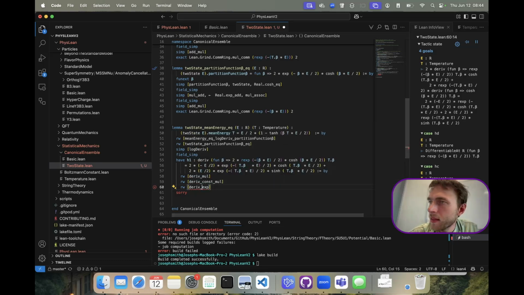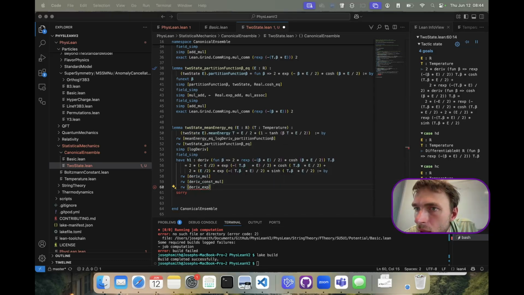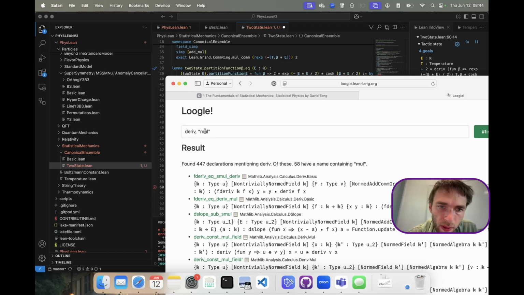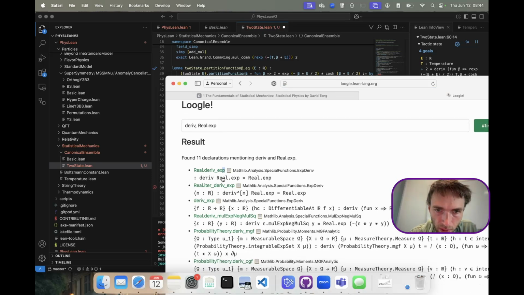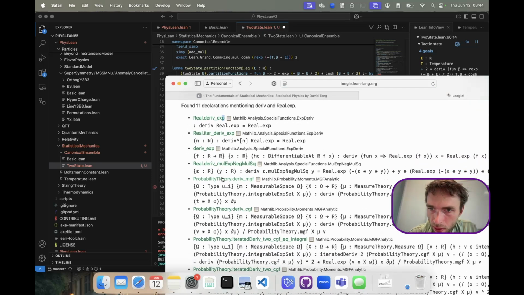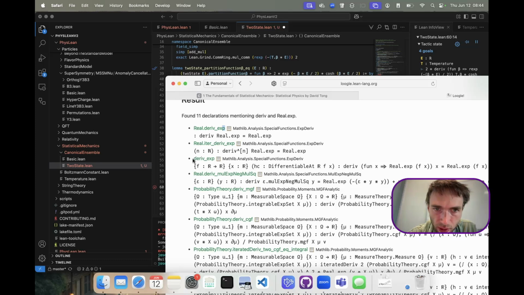That doesn't exist. So let's come to here and let's see what do we have which relates the derivative to the real exponential. There is this thing here, which is probably what we want. And I think that's what I tried.